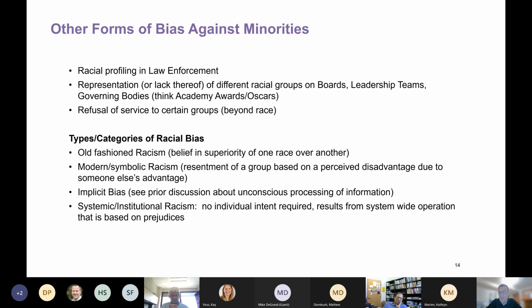Representation, or the lack of representation in decision-making bodies, leadership teams, boards, governing bodies. We always hear about the Academy Awards and the Oscars, and they're trying so hard now to have representation in those bodies. But again, it sometimes is a challenge.